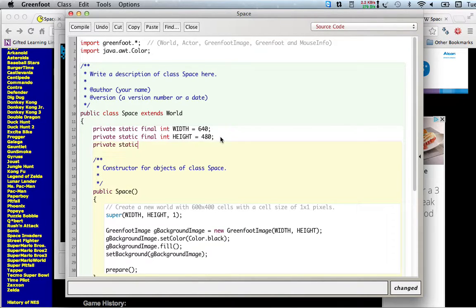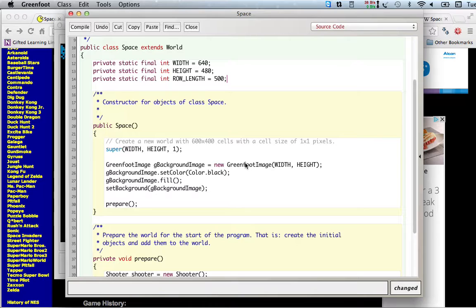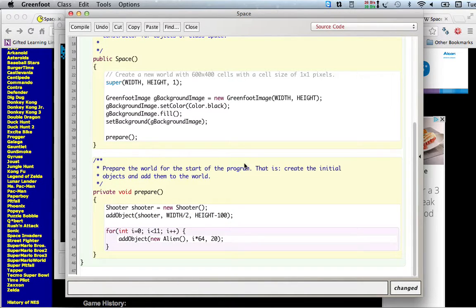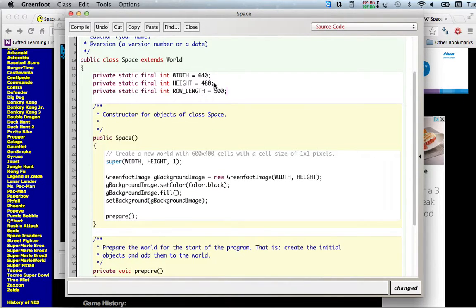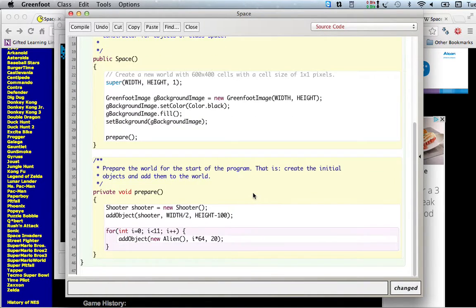So static final int ROW_LENGTH = 500. And we can change this, we can play around with it, but let's say we want them to go 500 across instead of 640. So let's start with that.